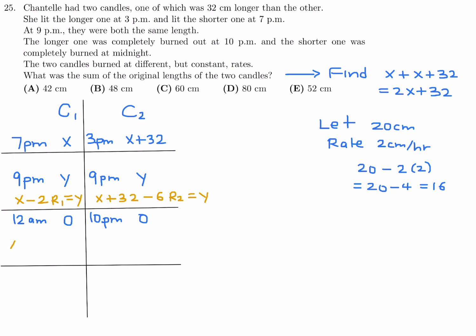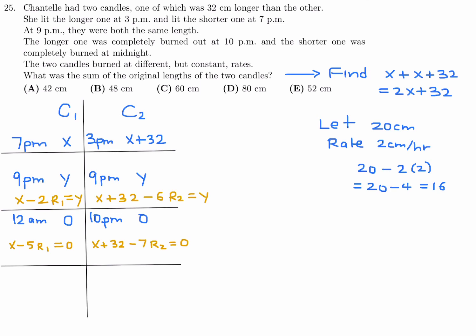So it's x minus 5R1 is equal to 0. And then for this guy, it's 3 to 10, which is 7 hours. So x plus 32 minus 7R2 is equal to 0. So these are our equations that we are going to use to solve.